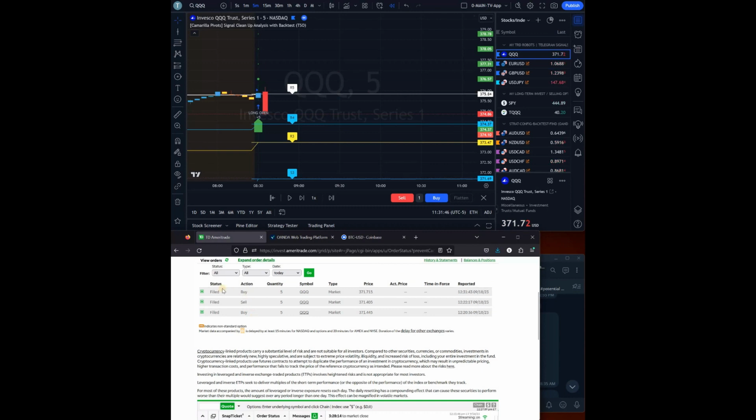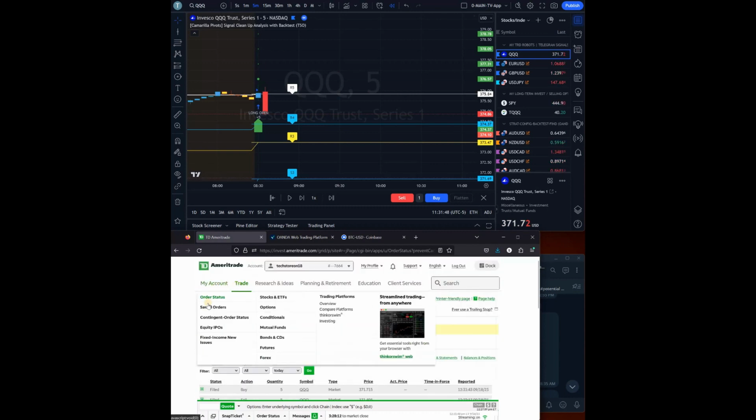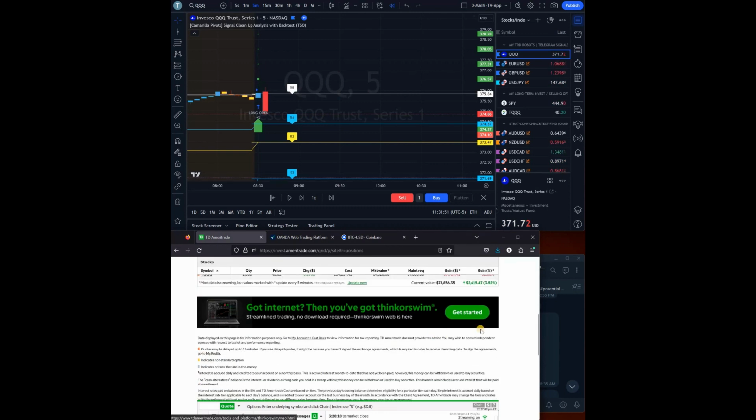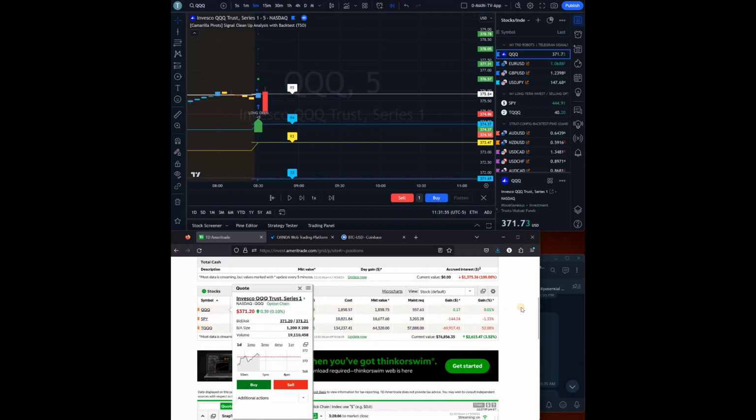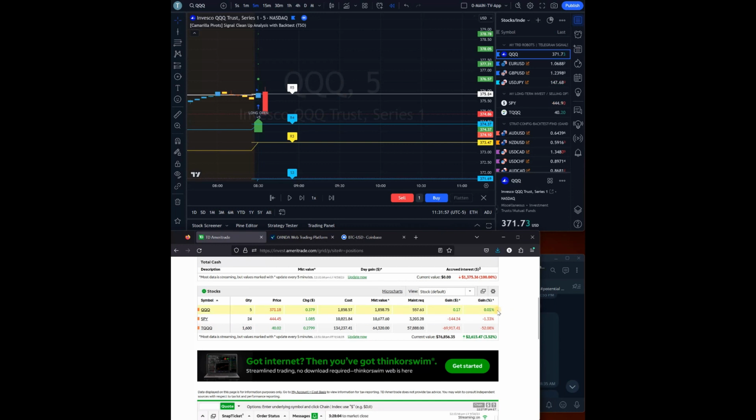It's filled, so let's see my positions, and as you can see, the position is open. It's slightly in profit due to slippage, which worked not against me but for me, and that's what we see on our website.